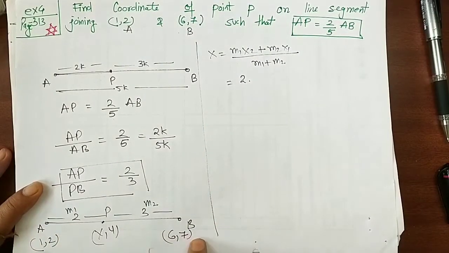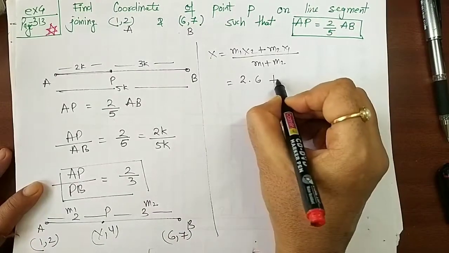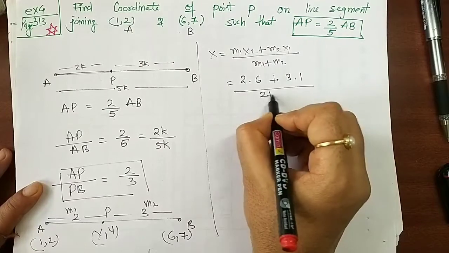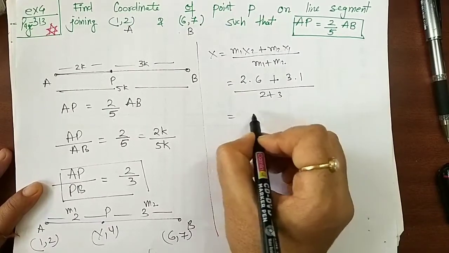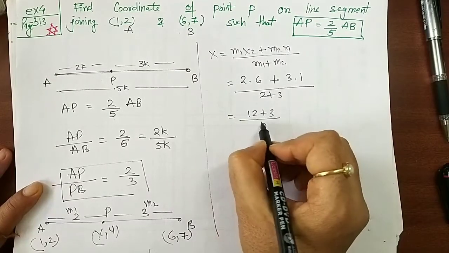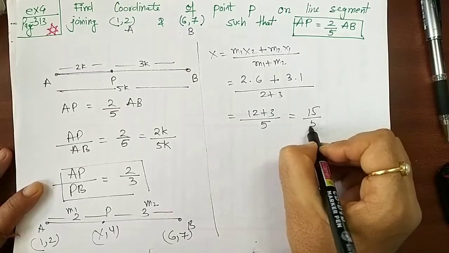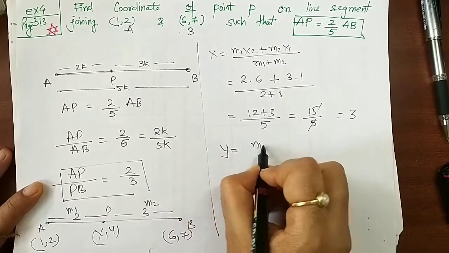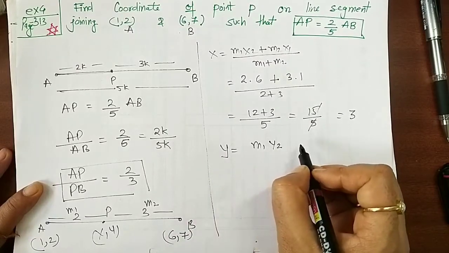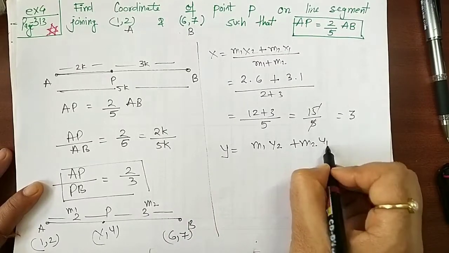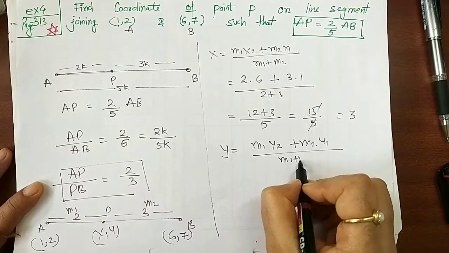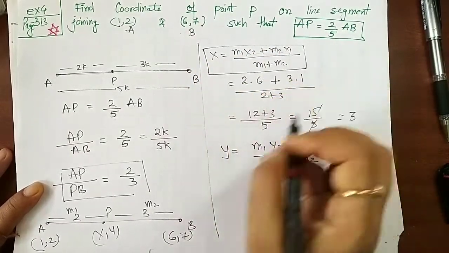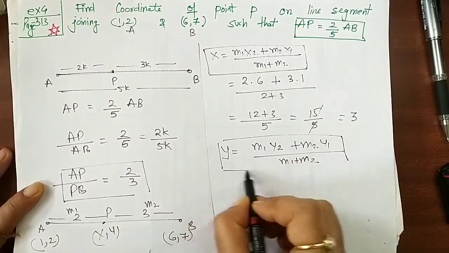M1 x2 is 6, plus 3 into 1, by 2 plus 3, which is how much? 12 plus 3 by 5, which is 15 by 5, which is 3 if I cancel. Now what is y? M1 y2 plus M2 y1 by M1 plus M2. If possible, put your formulas in boxes for better representation.